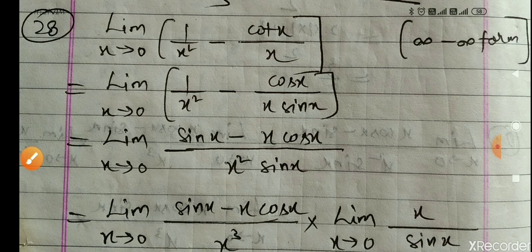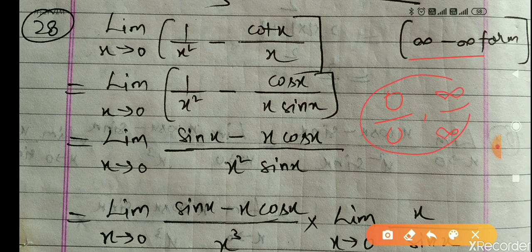So this infinity minus infinity form, first of all you have to convert into 0 upon 0 or infinity upon infinity form. Then only you can apply L'Hospital's rule. In the starting of the video I told you. So I have converted cot x into cos x upon sin x.